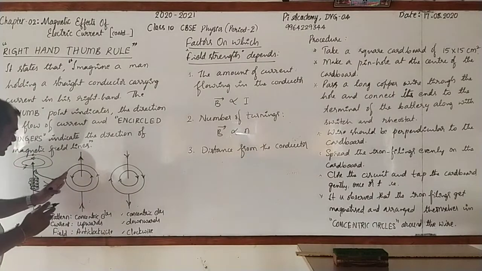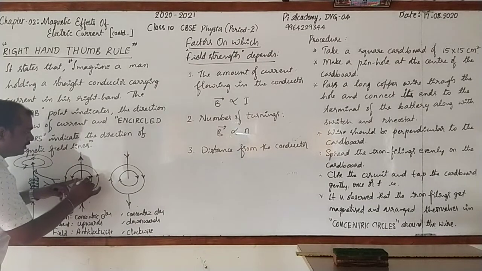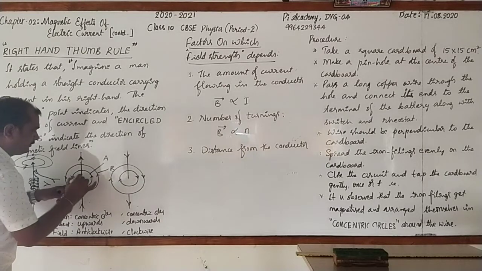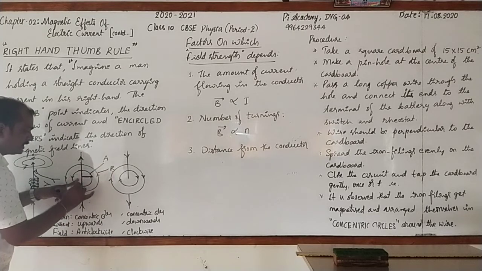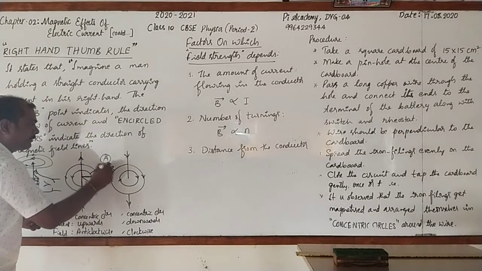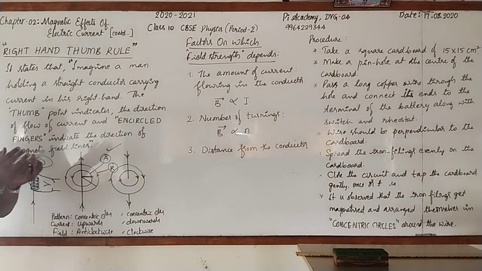Observe, in this case only, this is the conductor and here these are the field lines. I go for naming them as A and B. Observe the distance of A from this conductor. Distance of B from this conductor. Which one has more field strength? A or B? It is A. Why? Because radius is same and it is very close to the conductor.